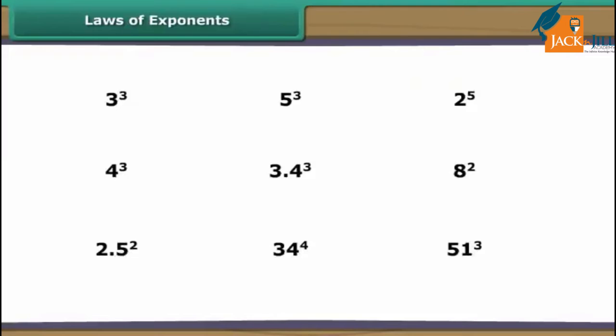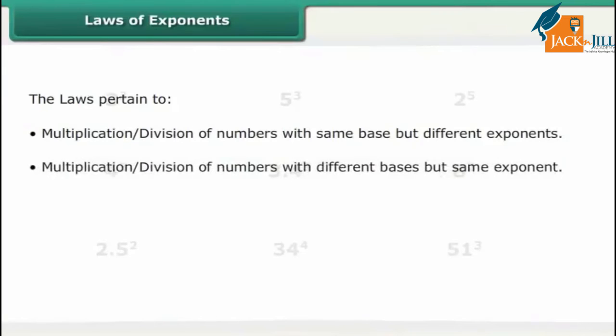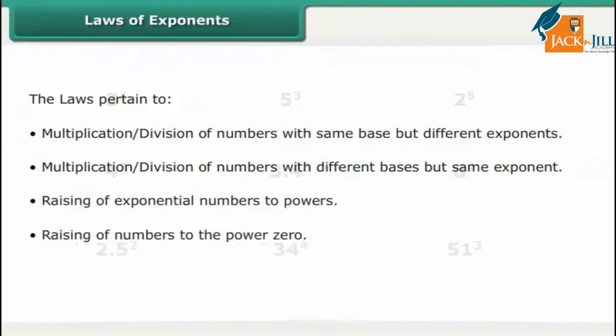Laws of exponents. Having understood exponents, let us turn our attention to the laws of exponents pertaining to multiplication, division of numbers with same base but different exponents, multiplication, division of numbers with different bases but same exponent, raising of exponential numbers to powers, raising of numbers to the power 0.